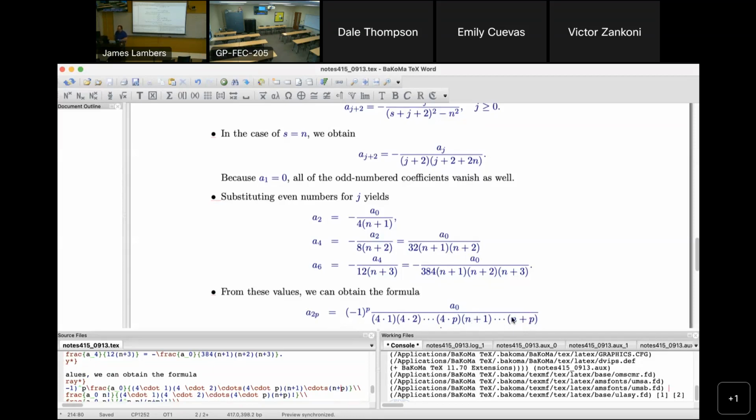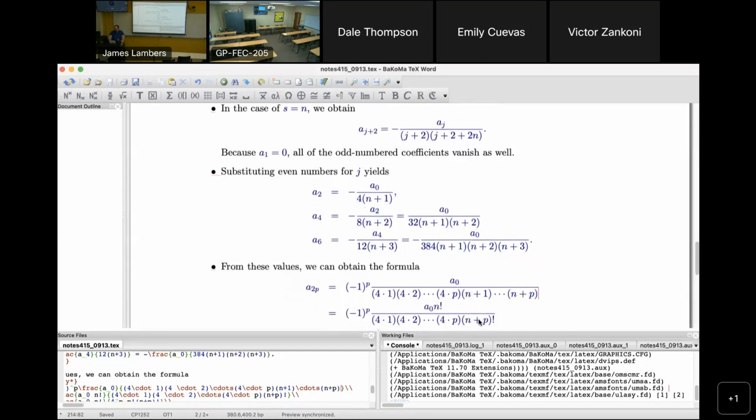So how do we describe this by factorial? n plus p factorial over n factorial. Yes. So you take all the numbers from 1 to n plus p, multiply them, and because 1 through n are being excluded, you divide by n factorial. So factorial of the highest number being excluded, and there you go.